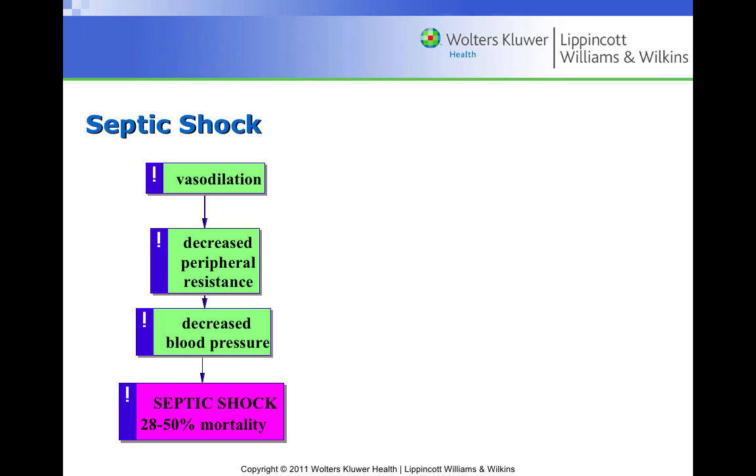Some other complications of septic shock are acute respiratory distress syndrome, or ARDS, acute renal failure, gastrointestinal complications such as the bowel dying. DIC can occur as a result of shock, and generally you get MODS, or multiple organ dysfunction syndrome, and we just know that the entire body shuts down.